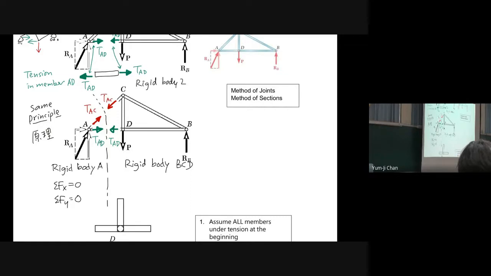And for rigid body BCD, it is not a point, it's a rigid body, it can rotate. So we have three equations.